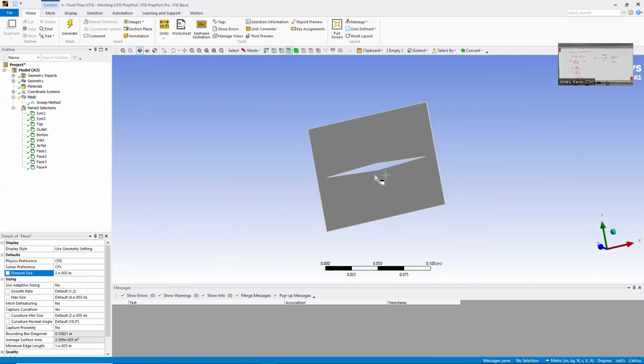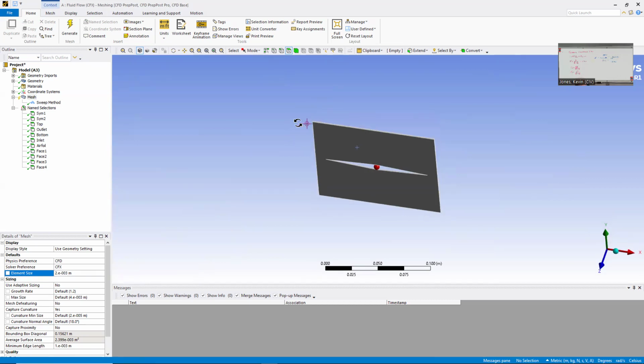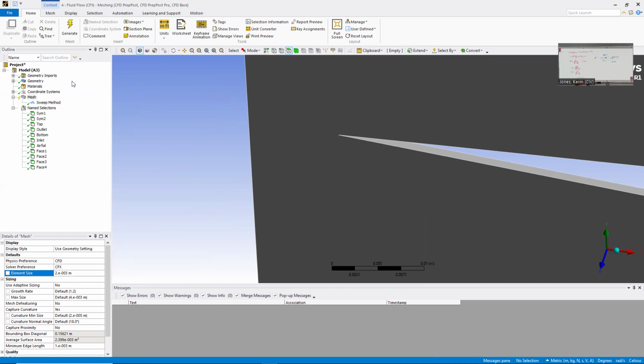And then when we solve this, all of the interesting action is going to happen right at all the vertices, really, right? That's where shocks attach, and that's where the expansion fan attaches. We'd kind of like to help it a little bit there. So let's add some sizing.